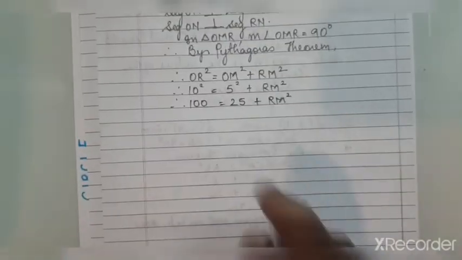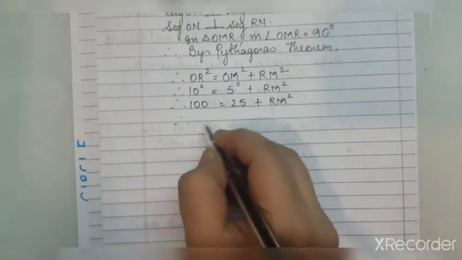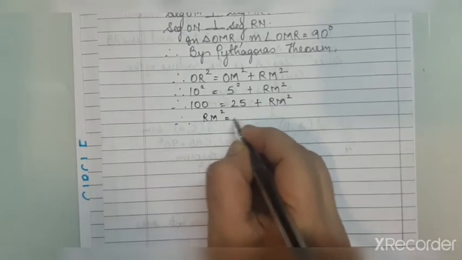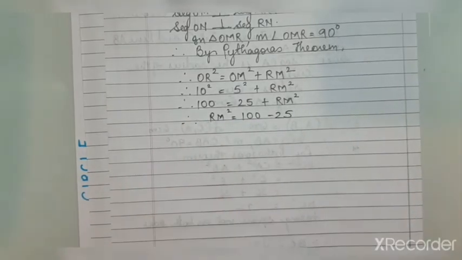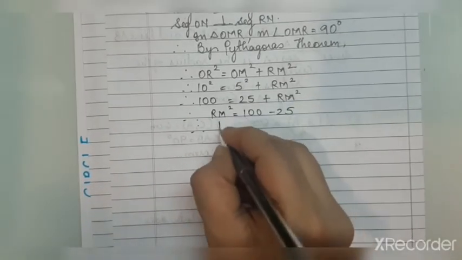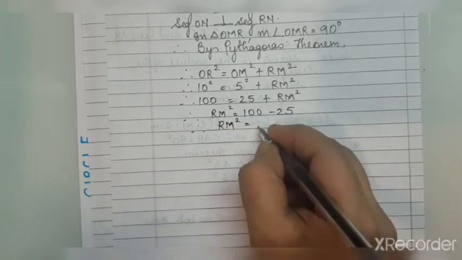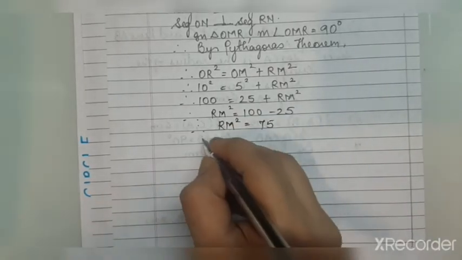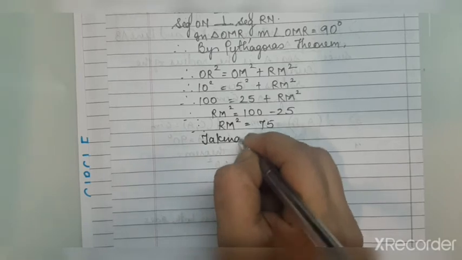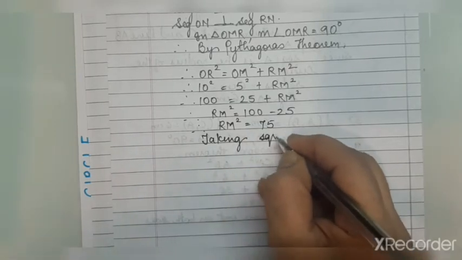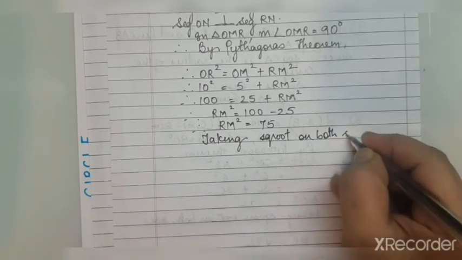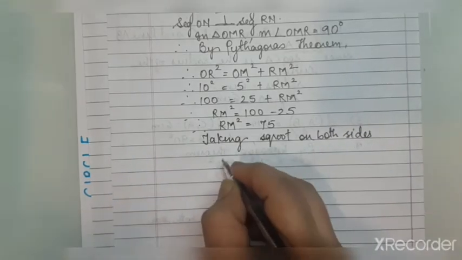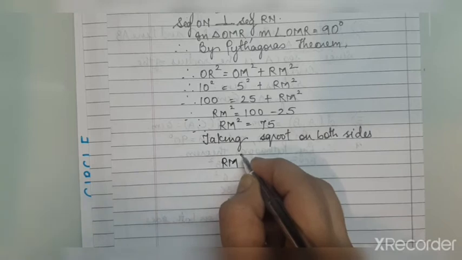Now we shift 25 to the other side. So we get RM square is equal to 100 minus 25. Therefore RM square is 75. Now we take the square root on both sides. The square root of RM square is RM.